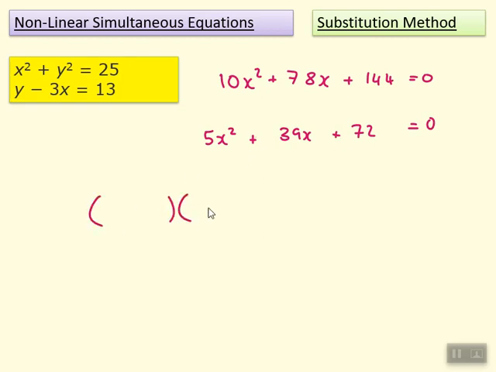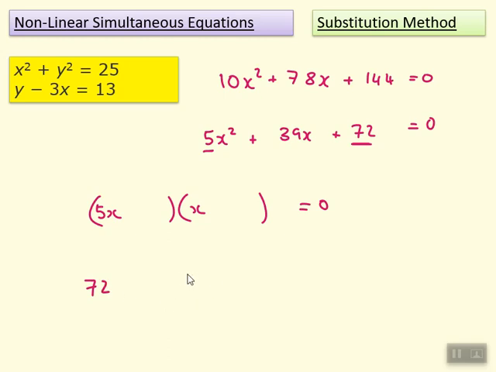So let's put it into double brackets and take a guess. What I do is I look at the 5x squared first and think, 5 is prime. So I know that one of them has to have a 5x in and the other one has to have an x in. Then I look at 72 and think, what numbers multiply to 72?